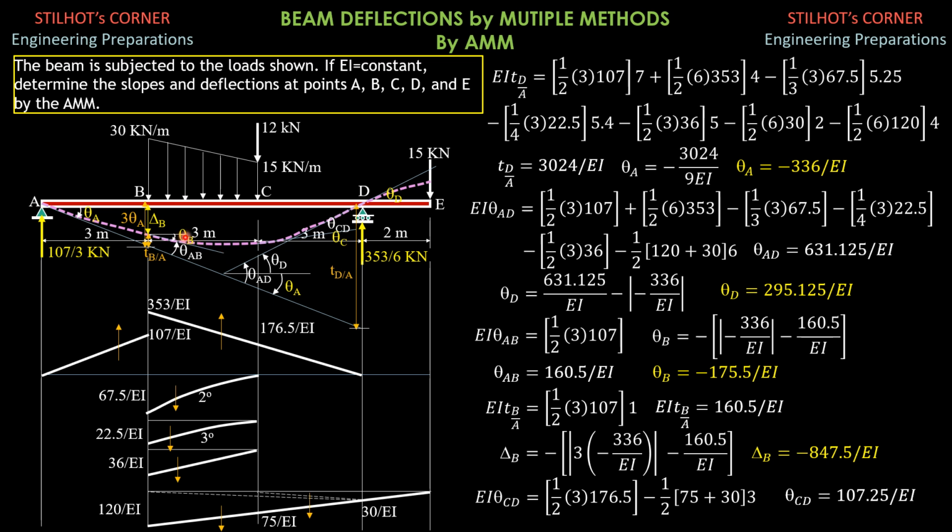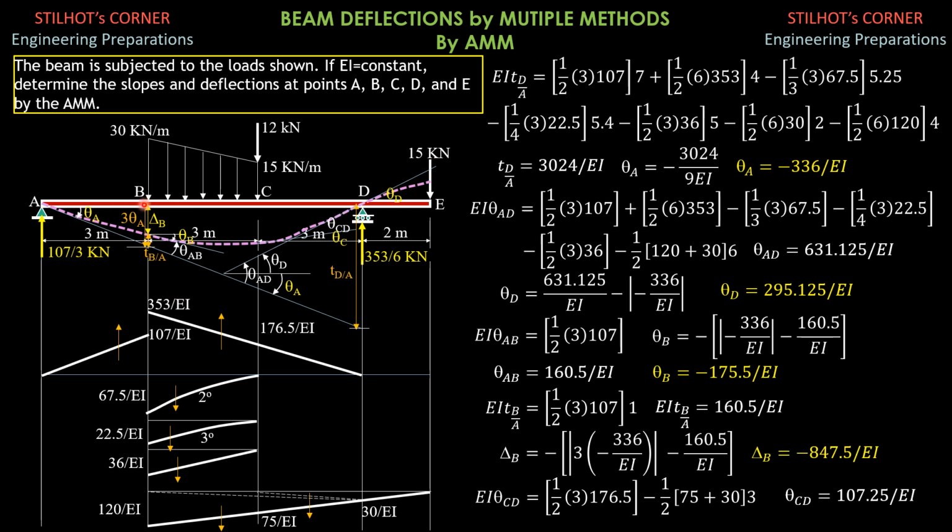From the figure, theta B is negative, and it is absolute value of theta A, horizontal to the tangent at A, minus theta AB. So theta B is negative 175.5 over EI.